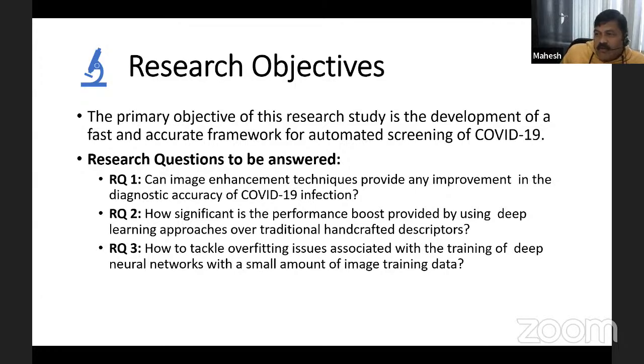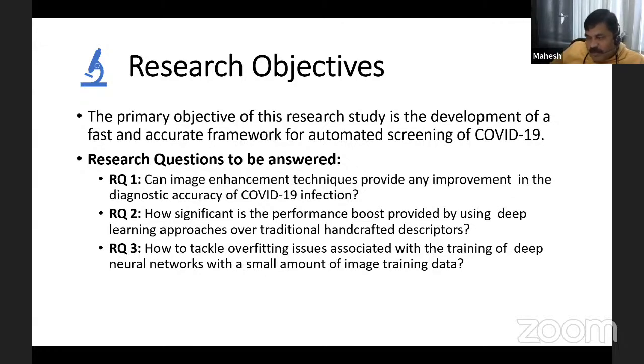Now the question is, your model is ready, and if I want to test images taken from another country, in a different environment, I may not get a good accuracy. Such a problem is called an overfitting problem.